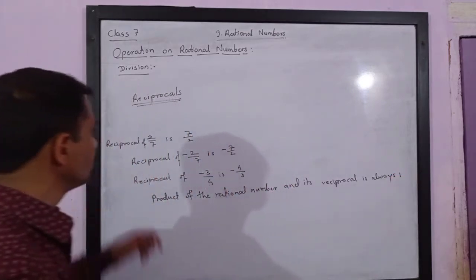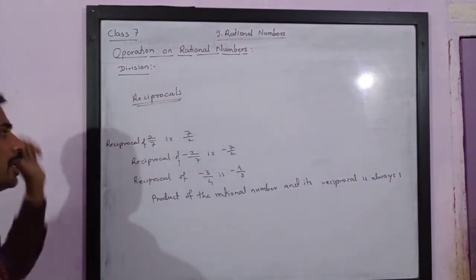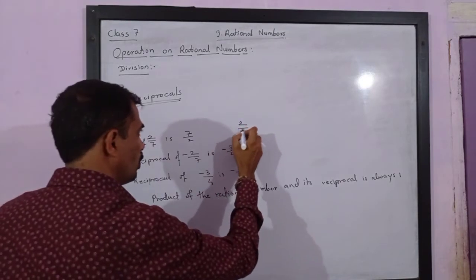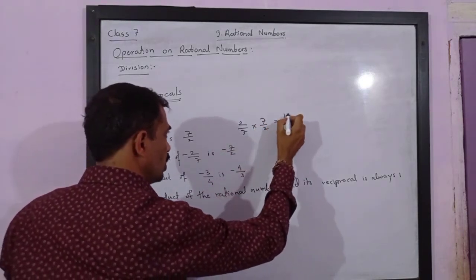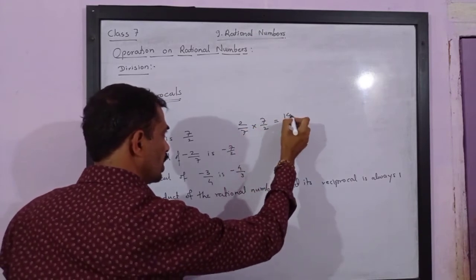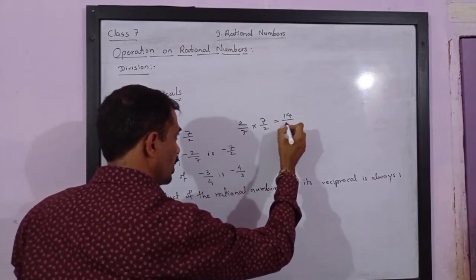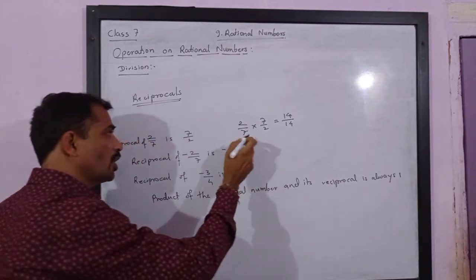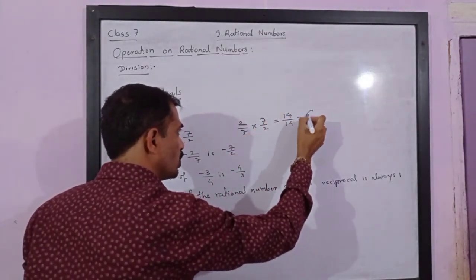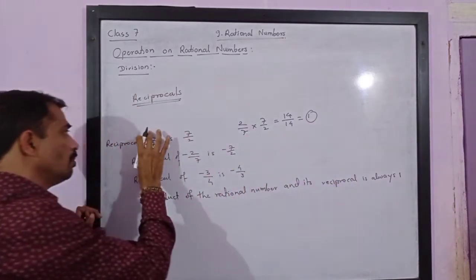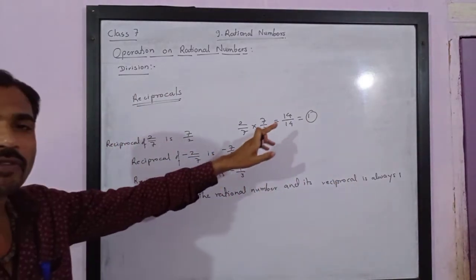Let us check. 2 upon 7 multiplied by 7 upon 2. We multiply numerator to the numerator and denominator to the denominator. So 2 7s are 14, 7 2s are 14. 14 upon 14 is nothing but 1. Please note, product of the number and its reciprocal is always 1.